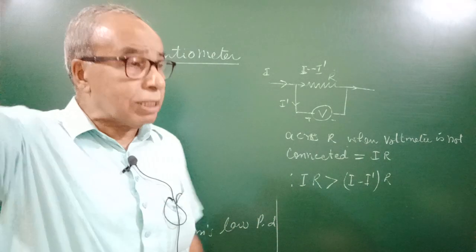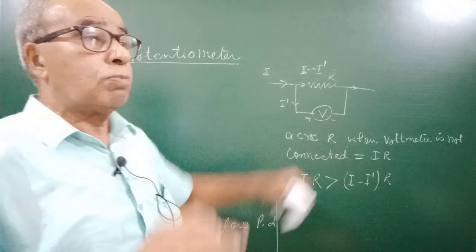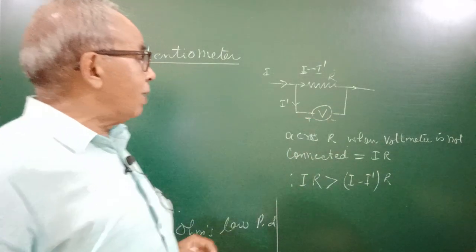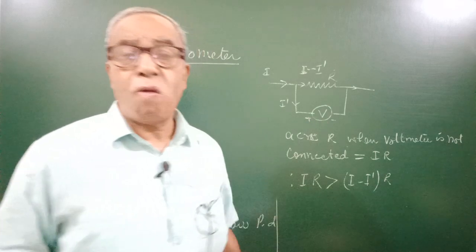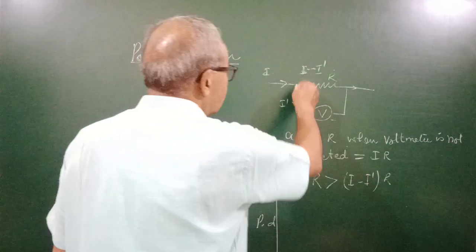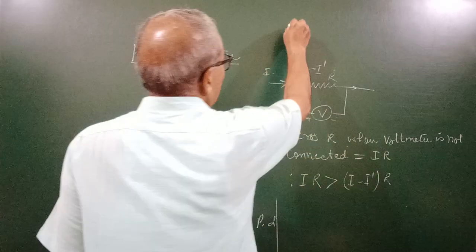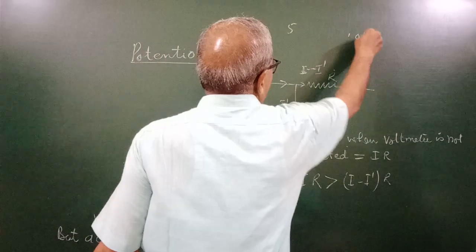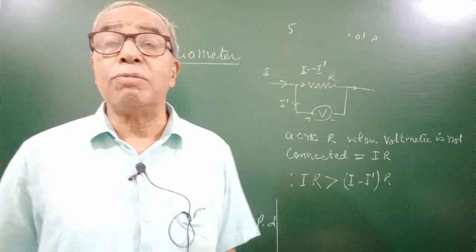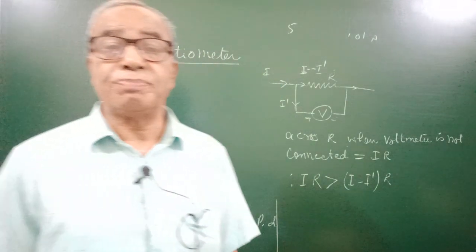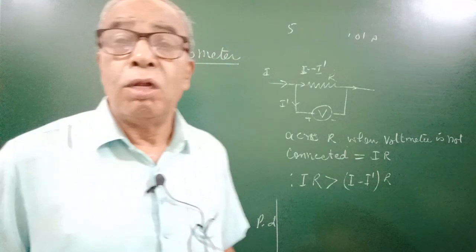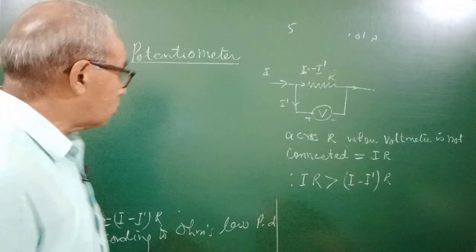In Ohm's law we take the voltmeter reading as the potential difference, because a voltmeter is a high resistance device, so it takes very small current. If out of 5 ampere it takes 0.01 ampere, then the difference is negligibly small, but the difference is there. So the voltmeter always reads a smaller value of potential difference than actual.